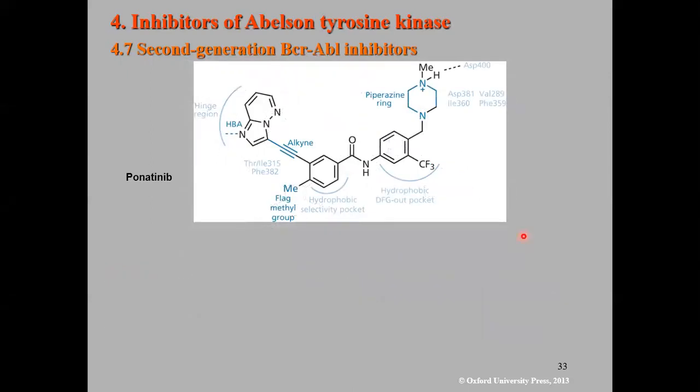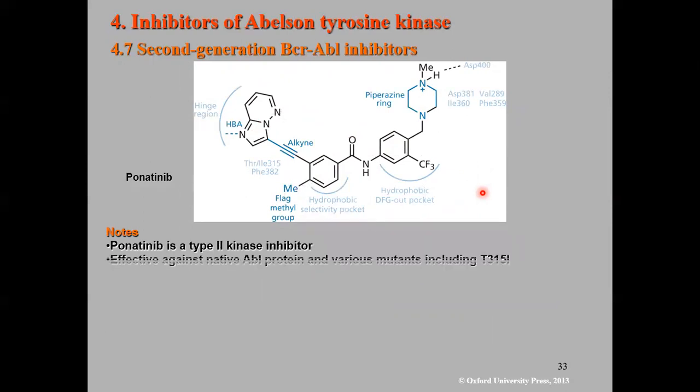Okay. Another second generation is the ponatinib. You see the structure of ponatinib here with the binding interactions. It's a type 2 kinase inhibitor, just like the imatinib.